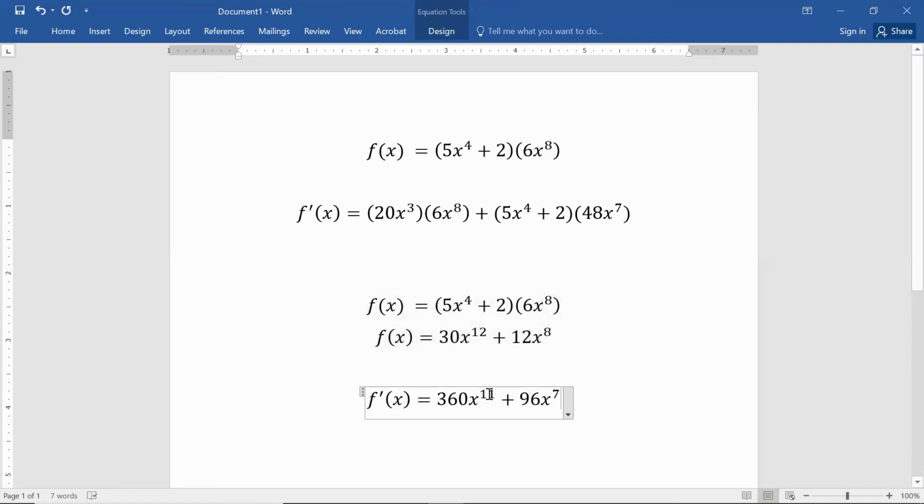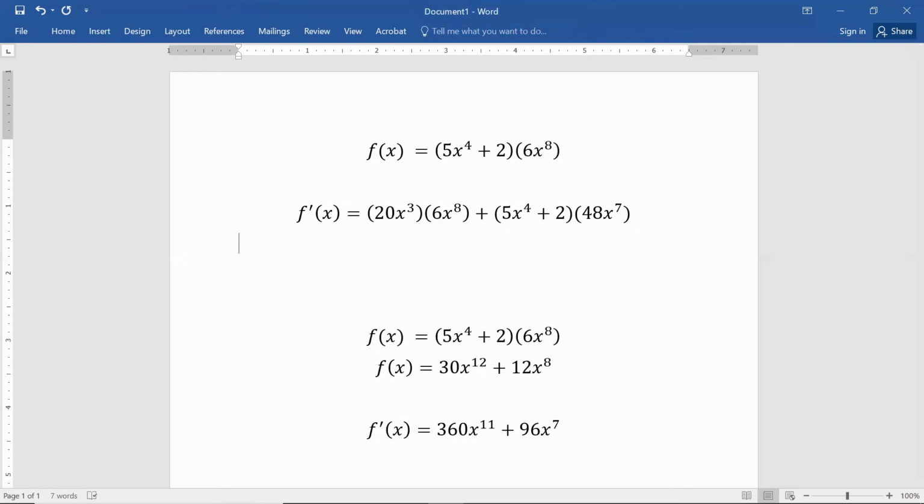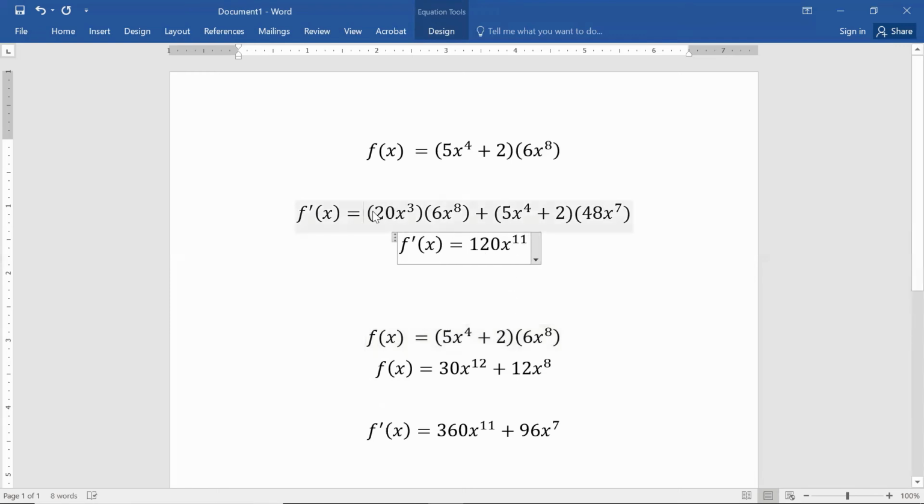Now, is that the same thing we got up here? Well, since we've already taken the derivative, let's go back and multiply and use some algebraic properties. 20 times 6 gives you 120 x to the 11th. That's what you get when you multiply the first piece there.